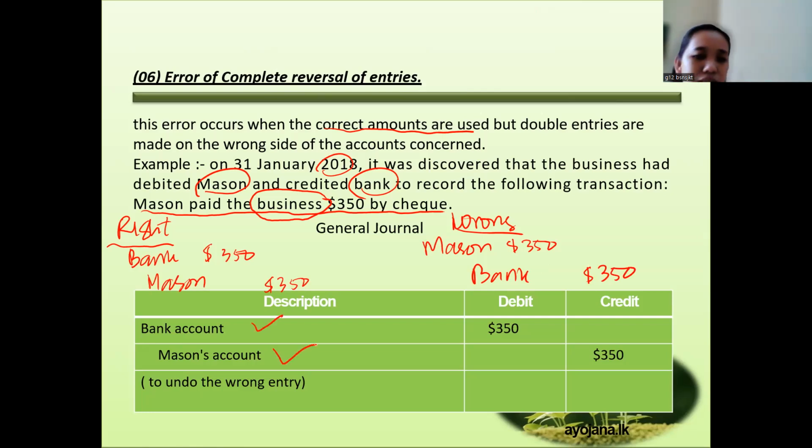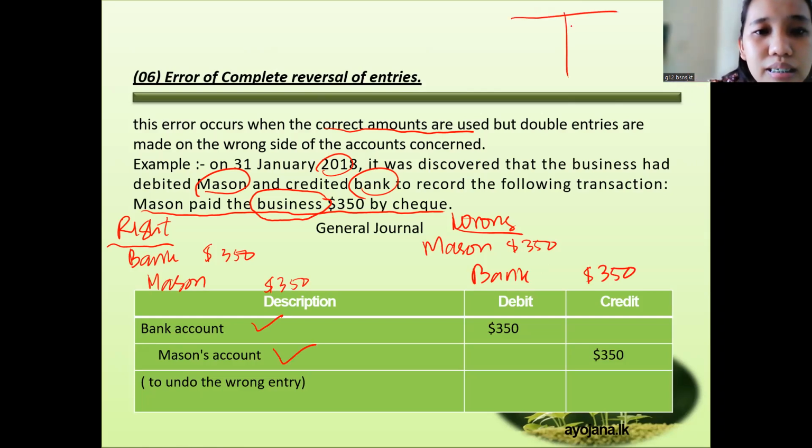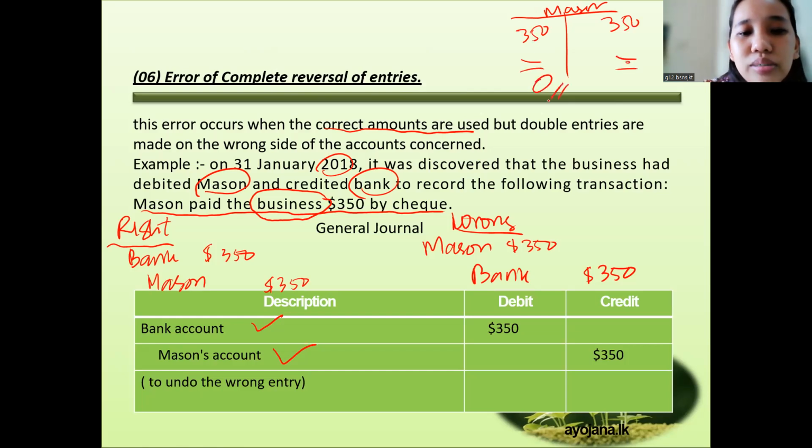But if you put the same number, for example, masons, we put them into the debit side 350. But if you put 350 on the credit side, that will make the total of our masons become 0.